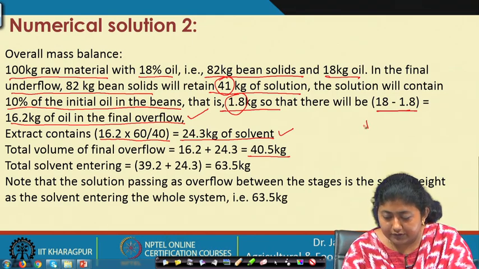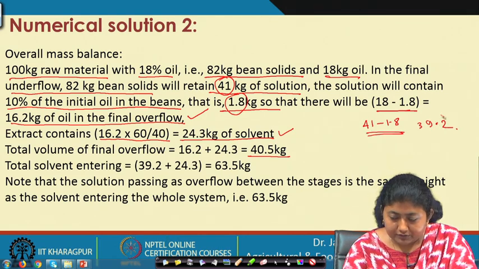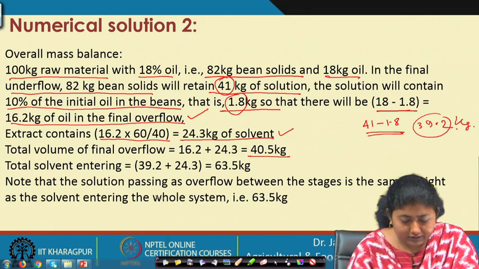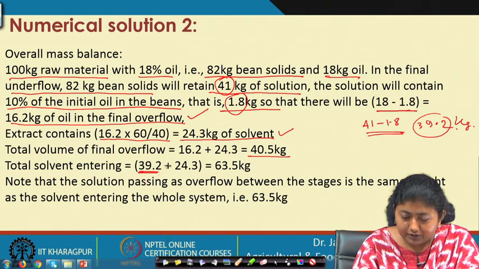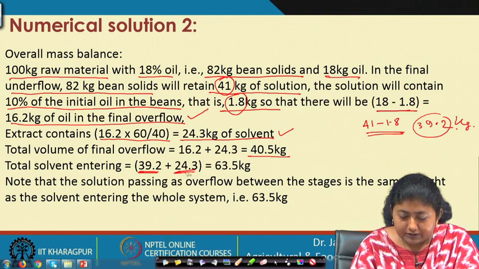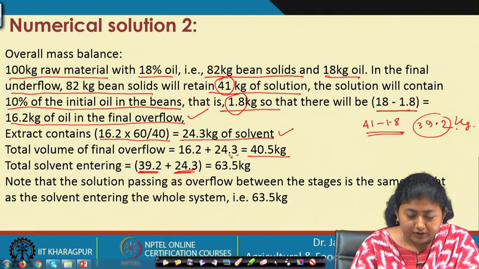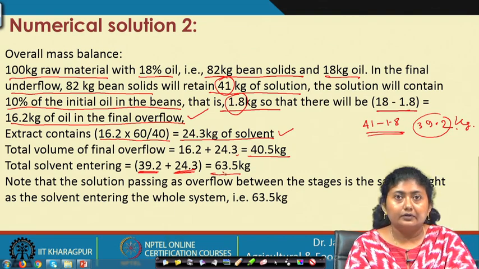So, what was the solvent? 41 minus 1.8, so we are getting 39.2. That 39.2 kg is the total solvent that has gone to the underflow, and 24.3 has gone to the overflow. So, total solvent was 63.5 kg.